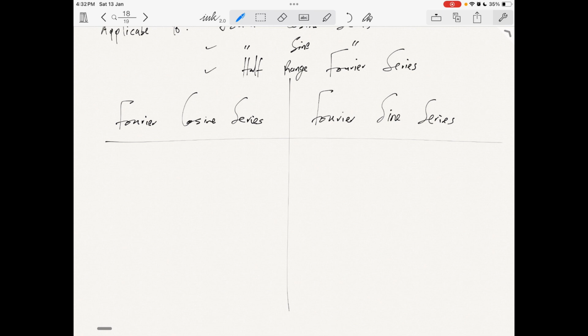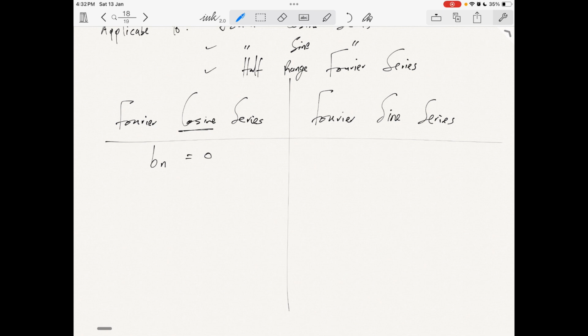Now, the Fourier cosine series is such that, since it's an even function and only cosine is available, we say that bn is equal to 0.